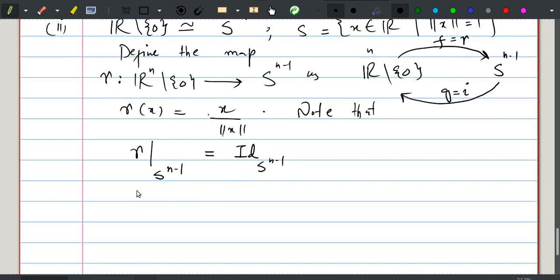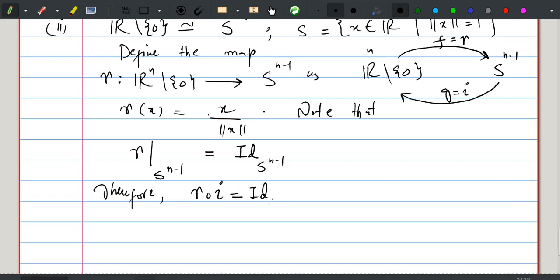Note that therefore R composite with I is equal to identity on Sn minus 1. If this is an equality, it is homotopic as well, because every map is homotopic to itself by the reflexivity condition.